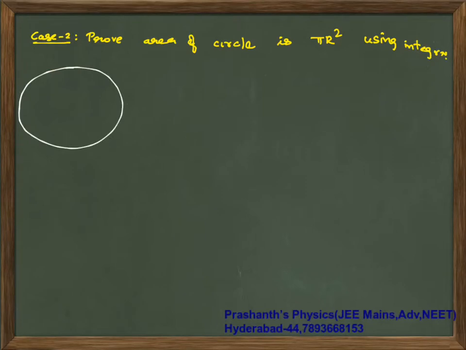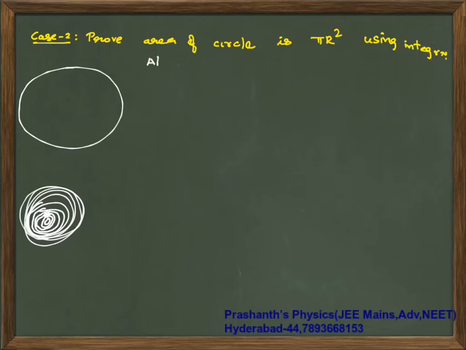Logically, if you add a small area to this small area, one more area to this small area, like this, if you keep adding small areas, that will give you the total area, right? So the integration point is that you have to always take the strip in the middle.